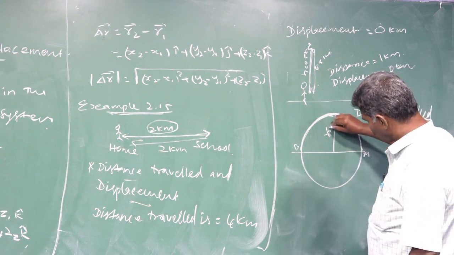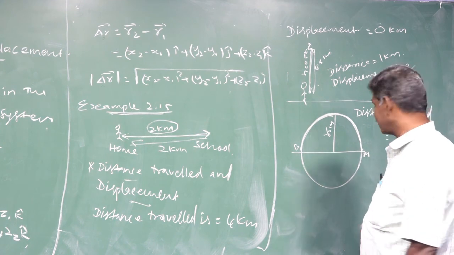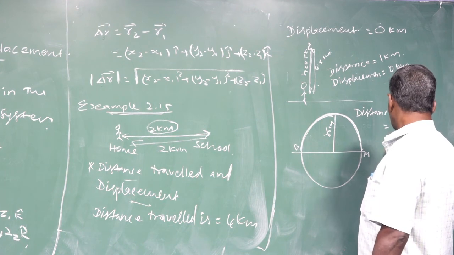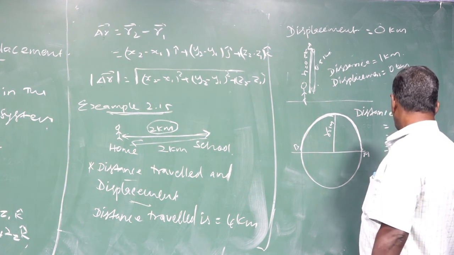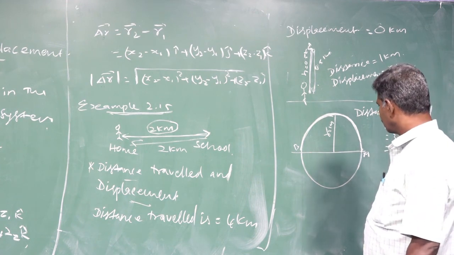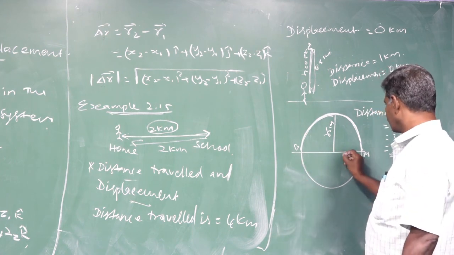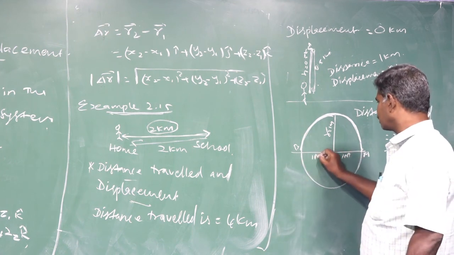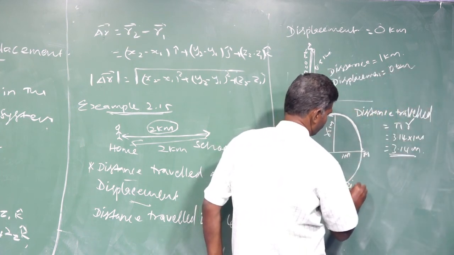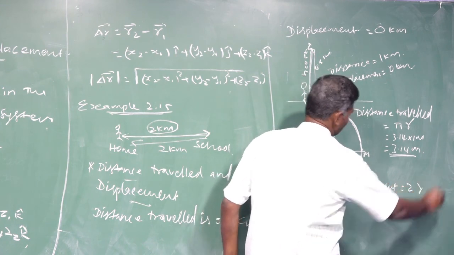Suppose the radius is equal to 1 meter. Then we take pi as the numerical value 3.14, into 1 meter. There we have 3.14 meter as the distance traveled. But the shortest distance between the initial and the final positions is 1 meter plus 1 meter, because the displacement is equal to 2r itself.